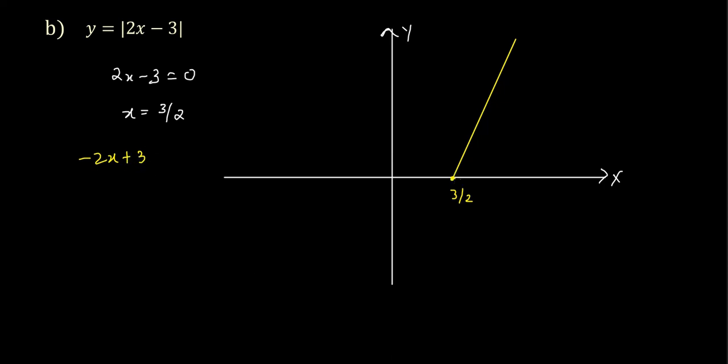So the graph will look like this. Let us mark this point of intersection as just plus 3. Here the y-intercept is not minus 3. It might appear from the function 2x minus 3, comparing with y equal to mx plus c, that c is minus 3, but it is not. Y-intercept is plus 3, by applying the modulus definition.